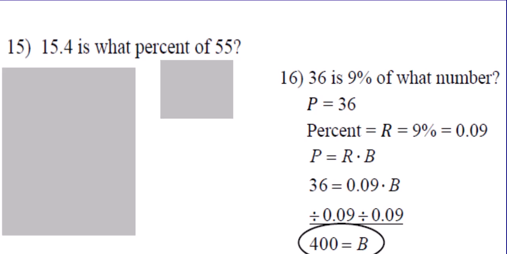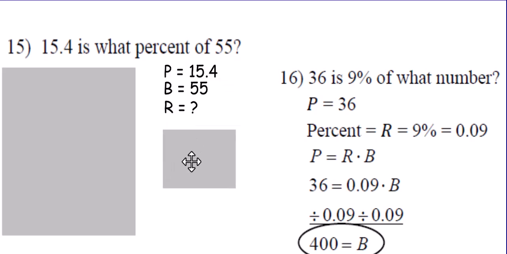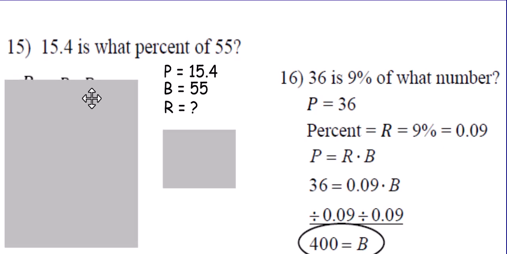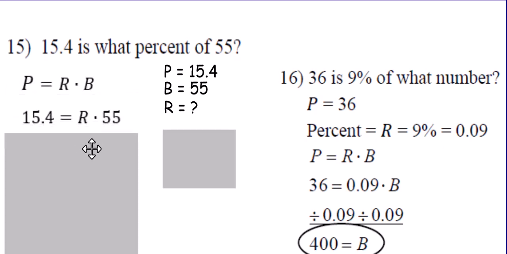All right, number 15. 15.4 is what percent of 55? Our base is 55, the part is 15.4, and R is our unknown. So we'll plug those in. Keep in mind, if you need to pause a video at any point to jot this down, please feel free to do that. So P equals R times B will be 15.4 equals R times 55.